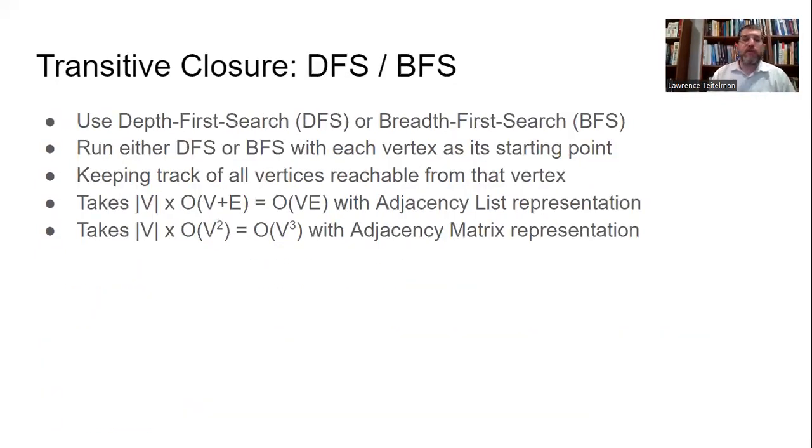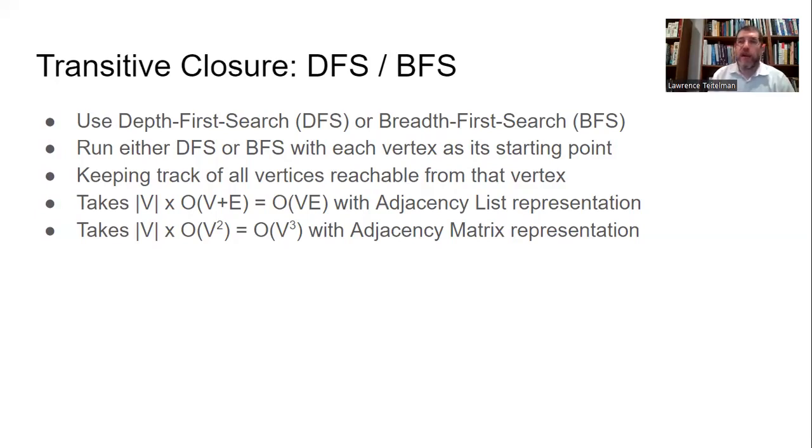Our third approach for transitive closure, an interesting approach, is we use DFS or BFS. How do we do that? Well, we run one of those, it doesn't really matter which one, and we keep track of where we were able to get to.